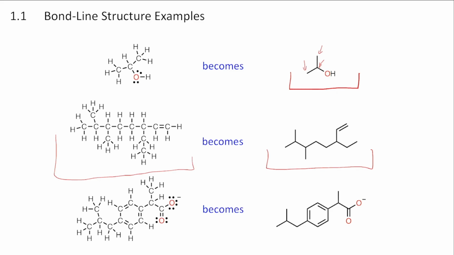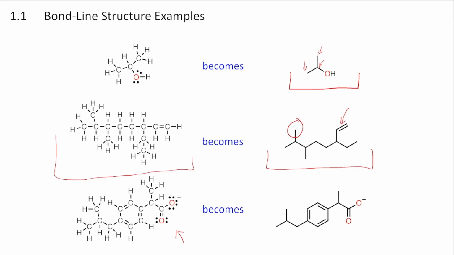They're still there, they're still on the molecule. We just don't draw them in. So we would interpret that end of that line as being a CH3. We assume in these bond line structures that there are enough hydrogens to make each atom have its full octet. You can see the double bond is still appearing over there.